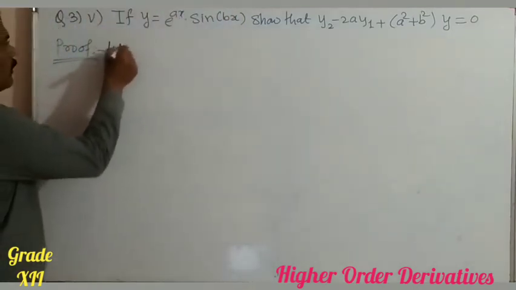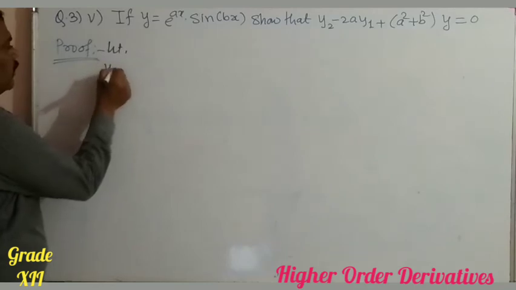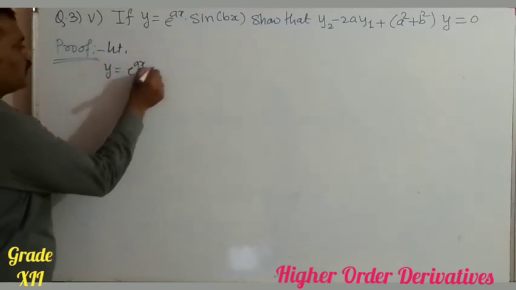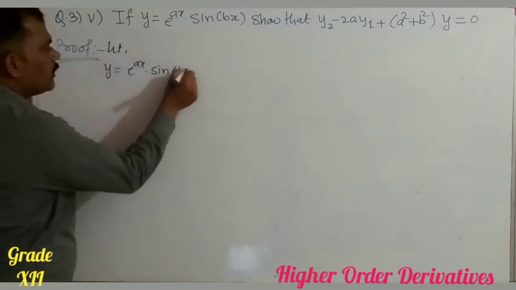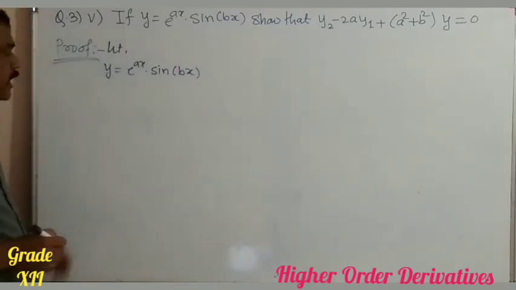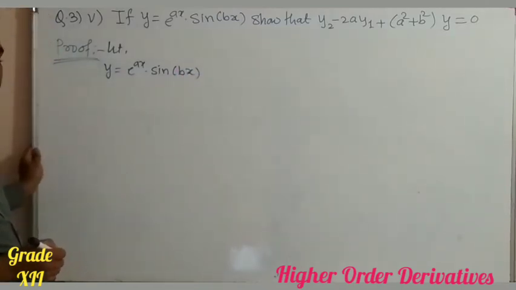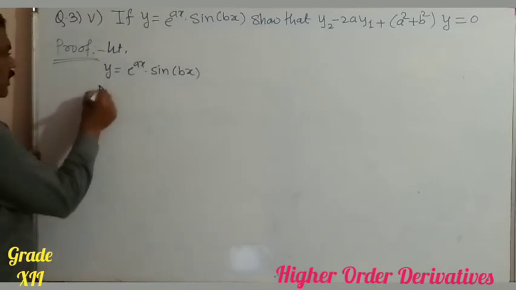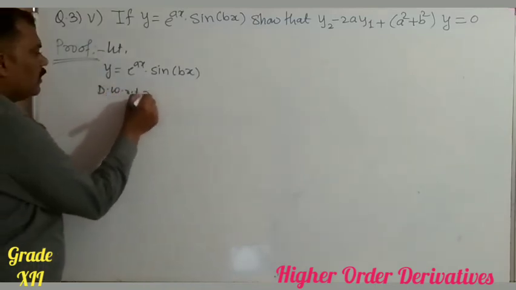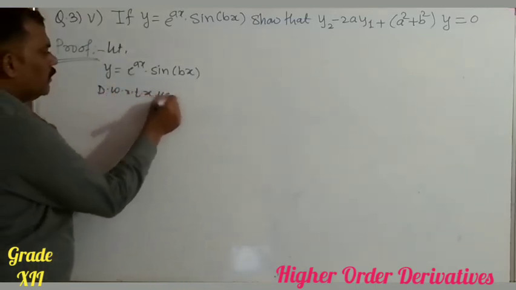Let y is equal to e raised to ax into sine of bx. We can differentiate this with respect to x by using the product rule.